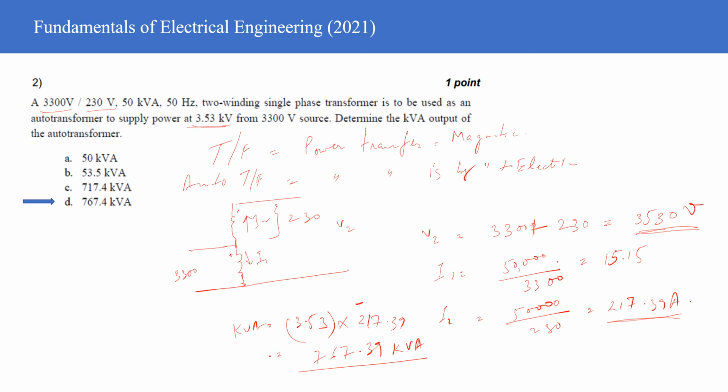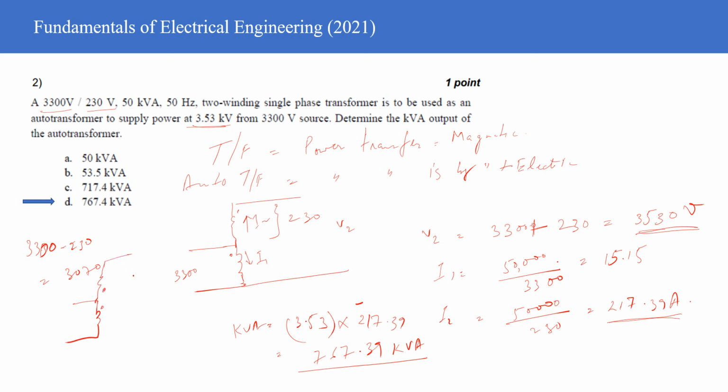Alright, so this is how you deal with auto transformers: you configure the auto transformer in such a manner that it meets your requirement. If the requirement at the output is 3530, the windings are connected in this particular fashion. However, if the output voltage must be equal to 3300 minus 230, that is 3070, then you would have connected your auto transformer something like this.